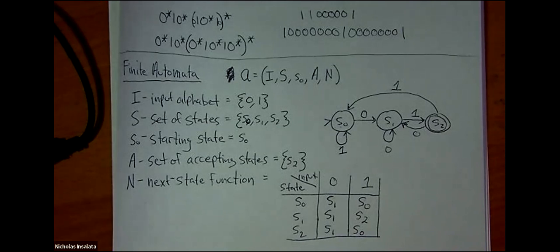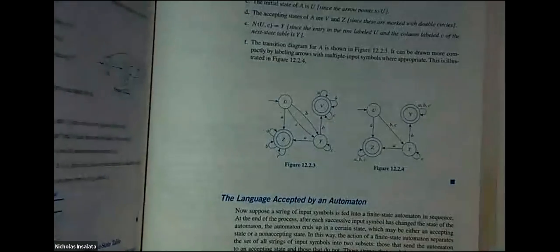Okay. Let's do another example, and I'll let you tell me all the different parts. So let's look at one of these here. Here's my picture, and I'll just read the things off to you.